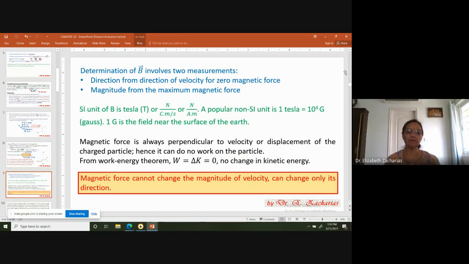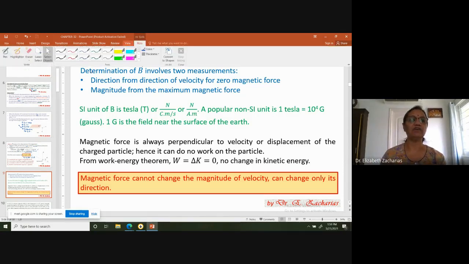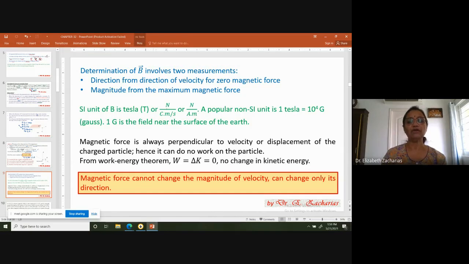So you can sum up whatever we have seen till now: determining the magnetic field involves two measurements, the magnitude and the direction. Direction you get from the zero force direction, and magnitude you get from the maximum force direction. What is the unit? From the equation F is equal to QV cross B, you can write the magnetic field in the simplest way as Newton by Coulomb meter per second.